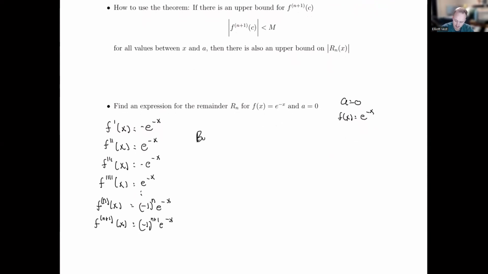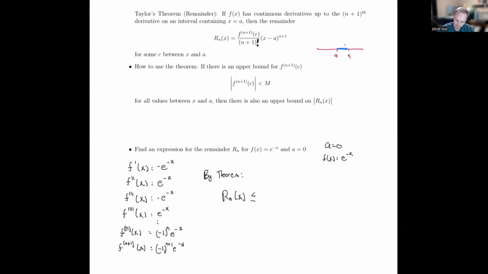So I can say by theorem, my remainder is going to be less than or equal to, and we like to do absolute value stuff here. Like if I know the absolute value of this and the absolute value of that is less than the absolute value of all the stuff here. But I'll just leave it like that here.